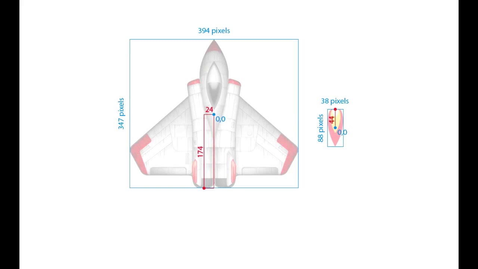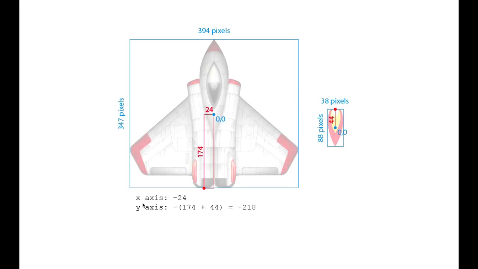We don't really want that. What we actually want to do is move it 24 pixels to the left and 174 pixels down on the y-axis. But we need to remember that if we put it there, the flame is going to be centered there. So we need to move it down a further 44 to get it in the right spot.